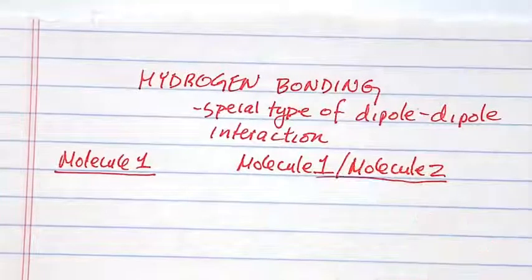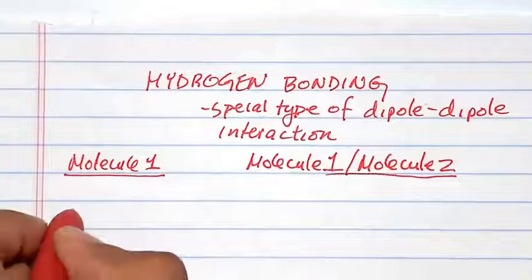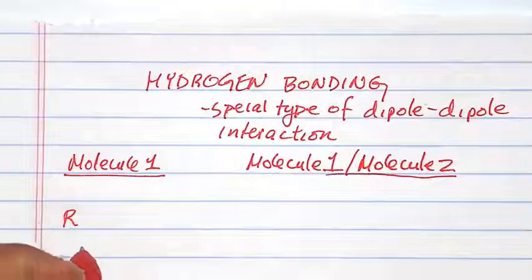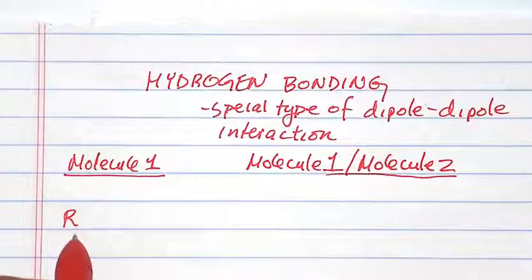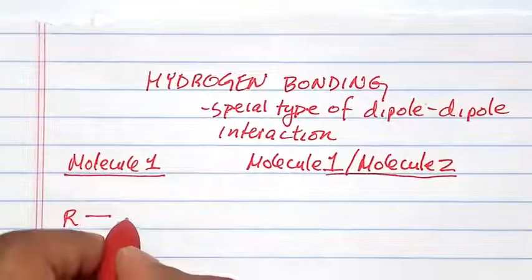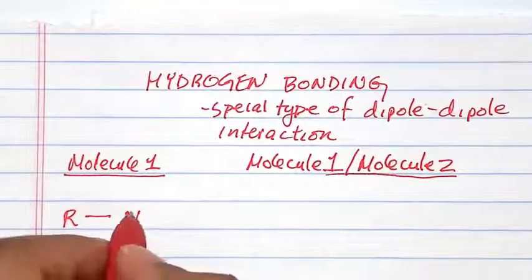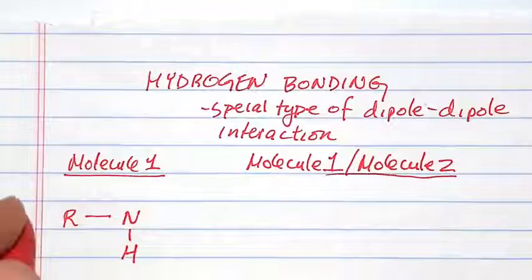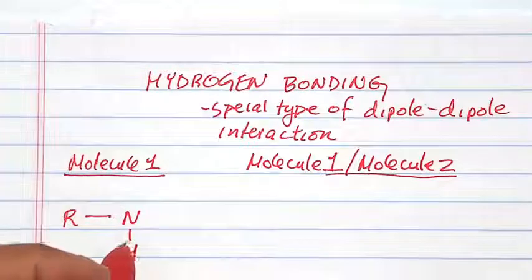So the first situation, or the first special atom, would be with a nitrogen. So we have our molecule here, that whatever the end of that molecule, it could be 1 atom, 2 atoms, or several atoms long. But within that molecule, there's going to be an NH. Now, it could be an NH2, it could be an NH3, it could be any type, but there has to be an NH here.